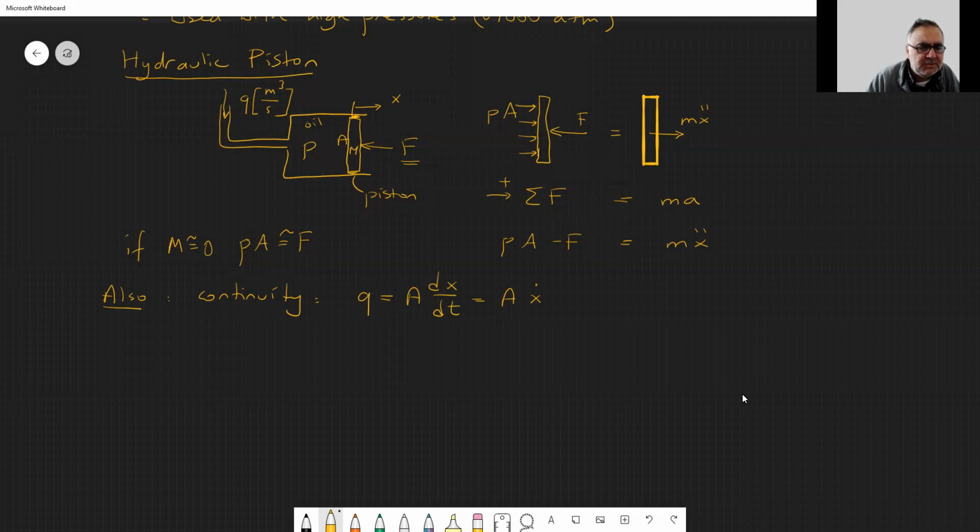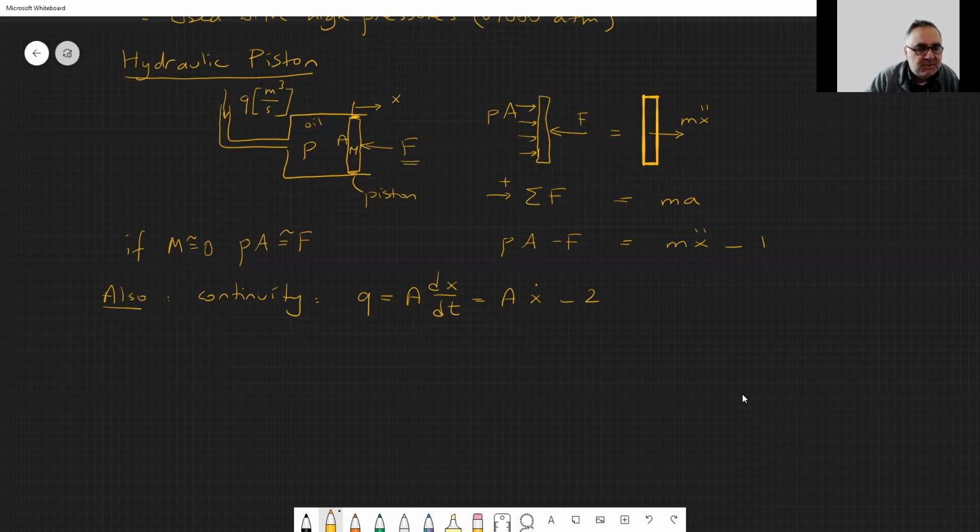So both of these equations should be satisfied. This is 1, this is 2, okay? You might neglect the x double dot term if the acceleration is small or if the mass is small. But you cannot really neglect this Q equals A x dot.